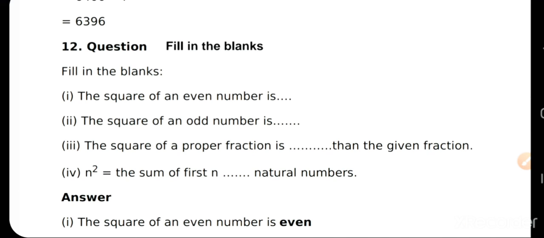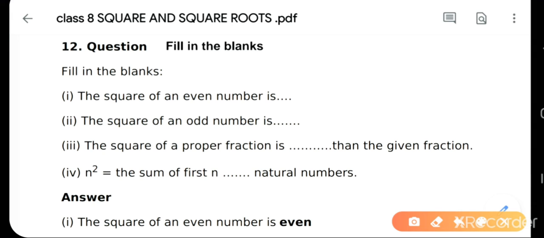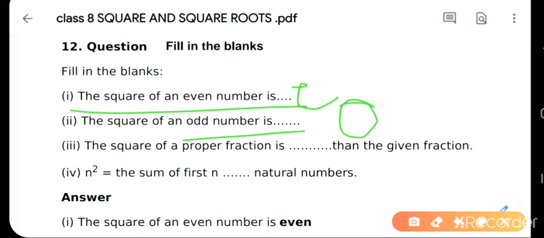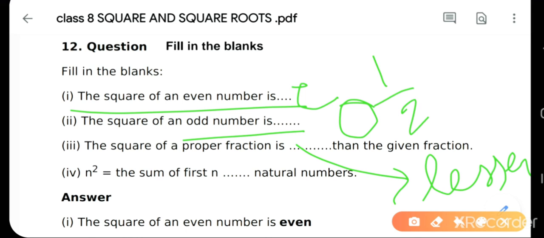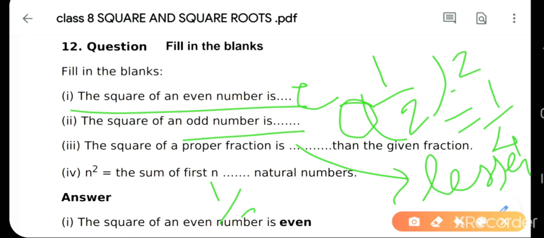Now next question, question number 12, second last question of this chapter. The square of an even number is what? Square of an even number is an even number, I've told you. Square of an odd number is an odd number. The square of a proper fraction is lesser than the given fraction, because if you take the example of 1 by 2, which is a proper fraction, the square of it would be 1 by 4, which is lesser than 1 by 2.